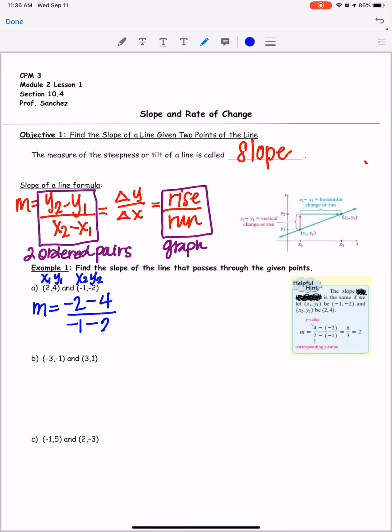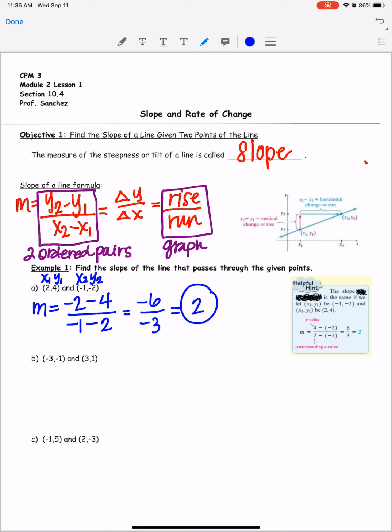So now just simplify. On the top, negative 2 minus 4 gives me negative 6. On the bottom, negative 1 minus 2 is negative 3. And then this one simplifies. Negative 6 divided by negative 3 is a positive 2. So this is my slope.